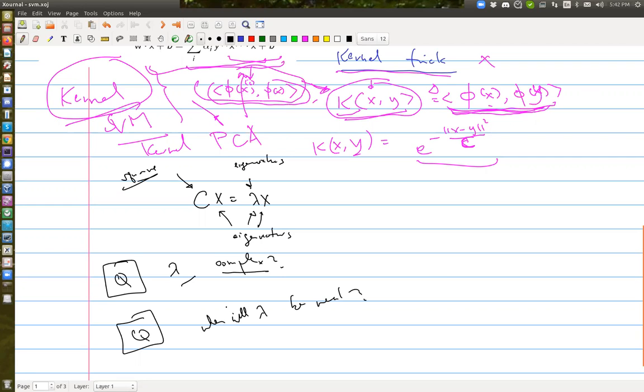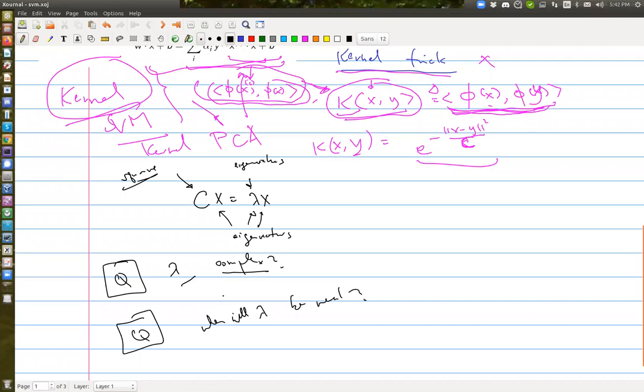Is it if the eigenvectors are real as well?